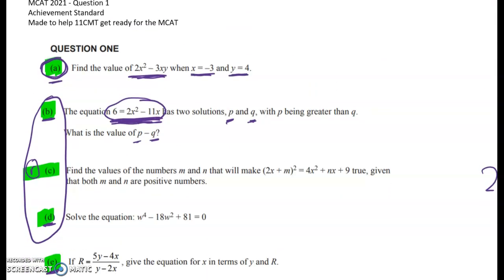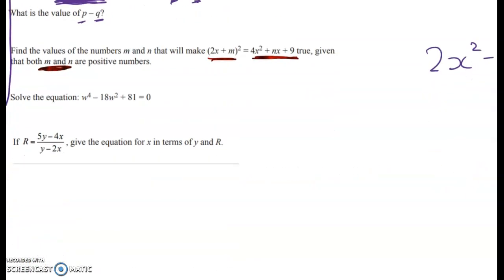Right, a couple of questions left to do. What have we got? Oh, where's it gone? Here we go. Okay, another quadratic. Find the values of the numbers m and n that will make this equal to this, given that m and n are both positive numbers, which is going to make life a little bit easier.